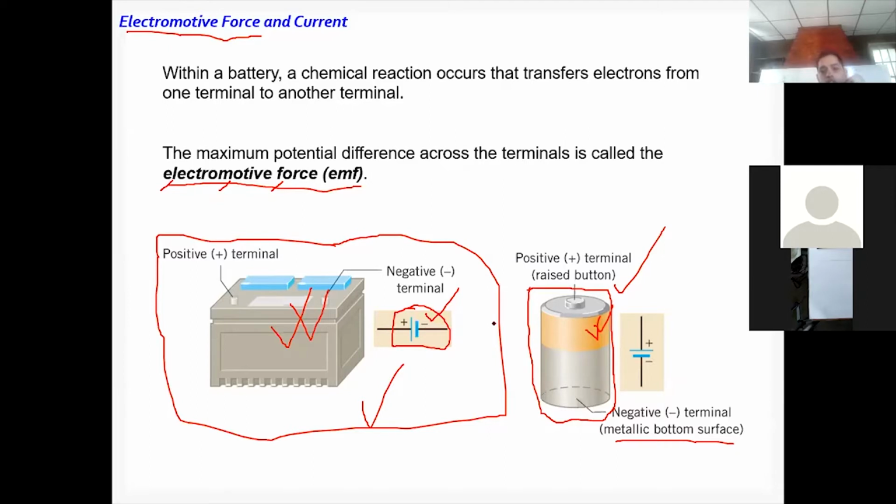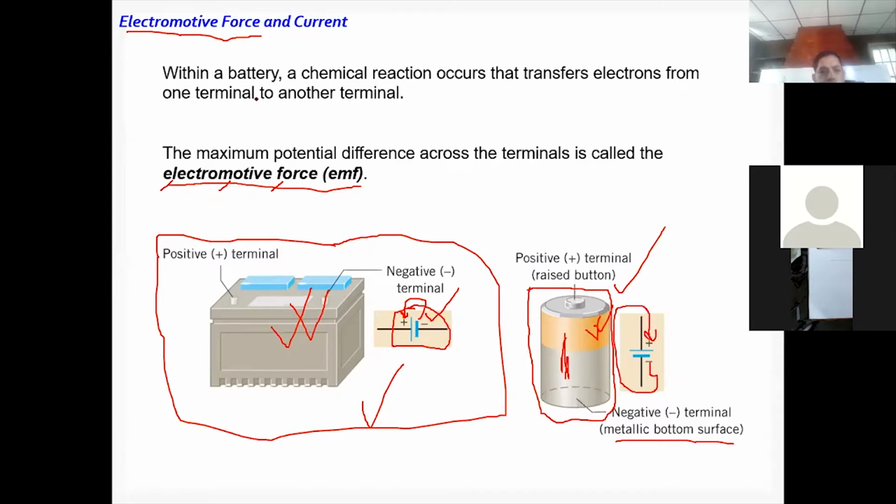Due to that chemical reaction, electrons get transferred from one terminal to the other terminal, meaning from minus to plus. The electrons move from minus to plus. Similarly here, minus to plus.